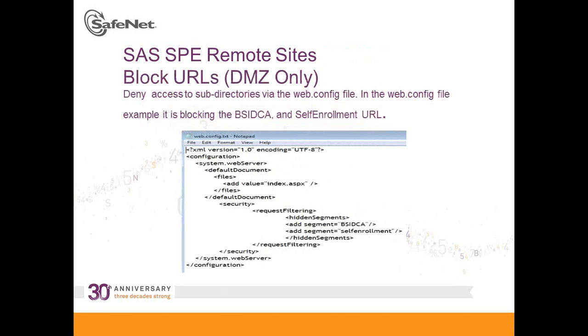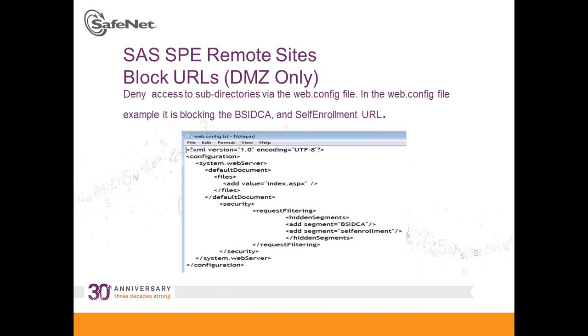Now, when we talk about the servers in the DMZ, there are different methods that you can use to turn off certain components. Previously with Black Shield, we actually had independent self-service and self-enrollment packages that you could install in the DMZ. These are no longer available with SAS version 3. They were available with Black Shield version 2.